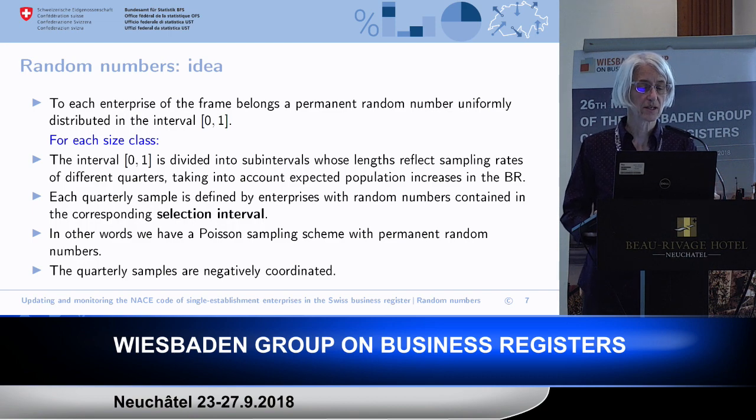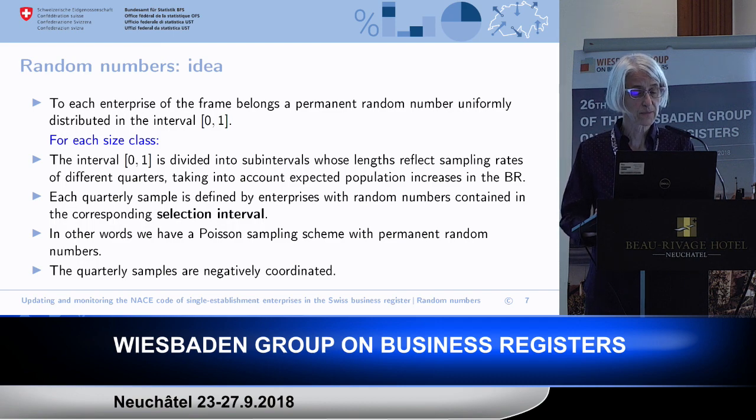The interval 0-1 is divided into subintervals whose lengths reflect sampling rates of different quarters, taking into account expected population increases in the business register. Each quarterly sample is defined by enterprises with random numbers contained in the corresponding selection interval. In other words, we have a Poisson sampling scheme with permanent random numbers.